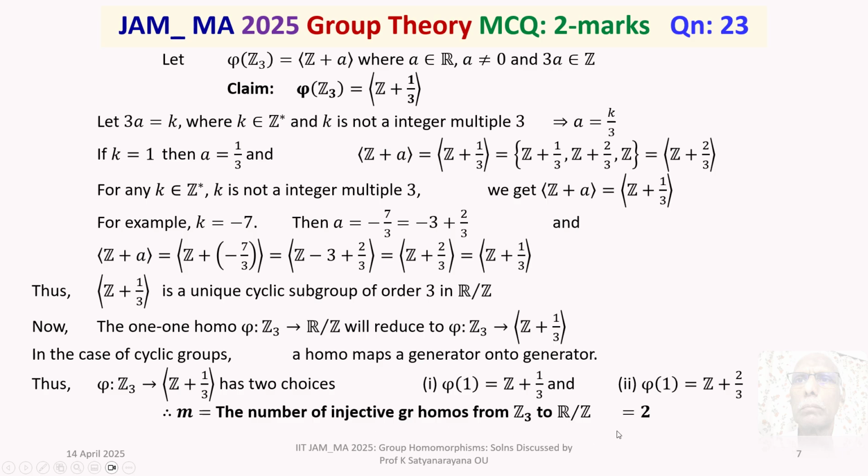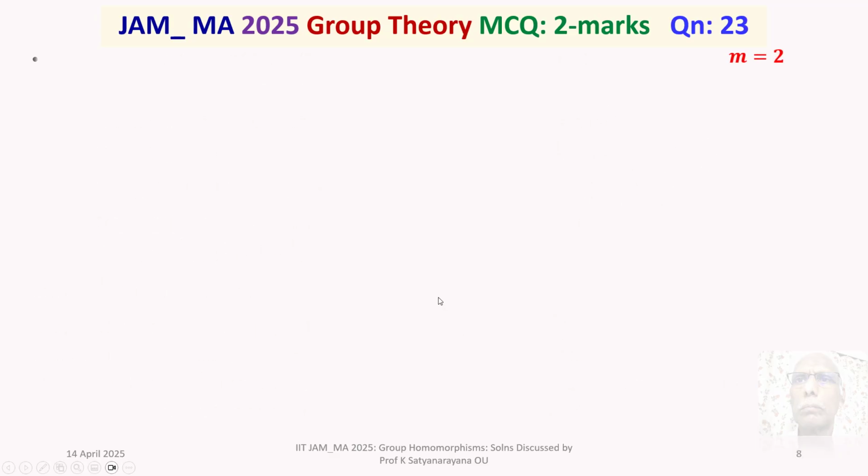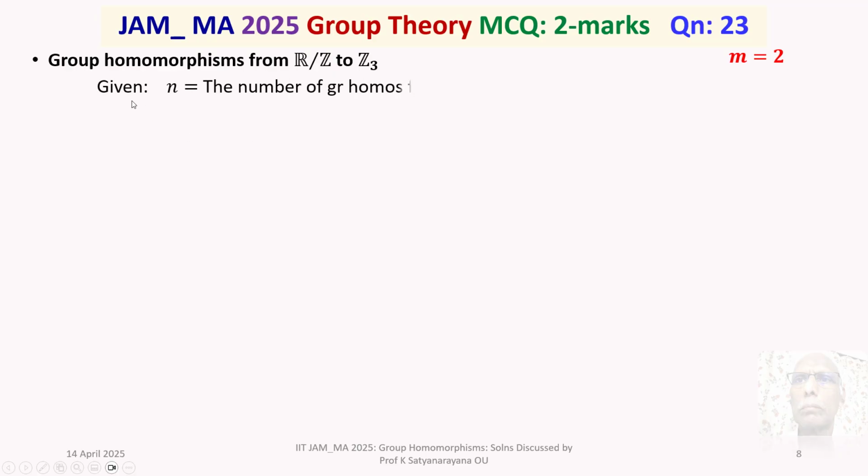We continue the discussion for N, the number of group homomorphisms from R by Z to Z3. Given N is equal to the number of group homomorphisms, not injective homomorphisms, just group homomorphisms from R by Z to Z3.